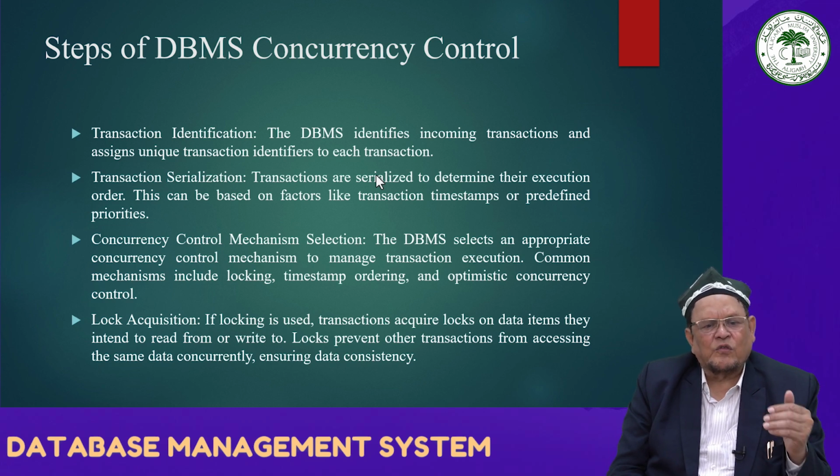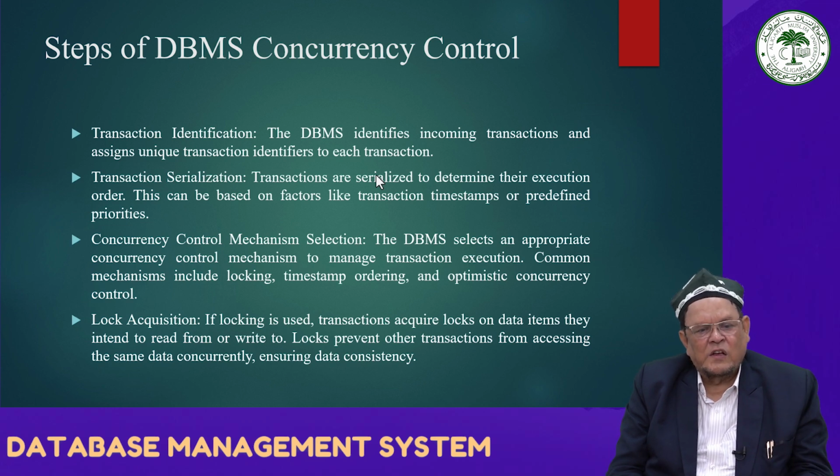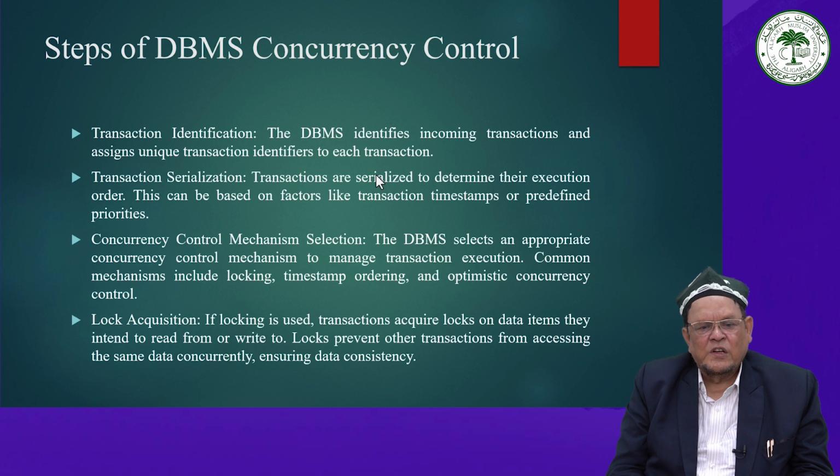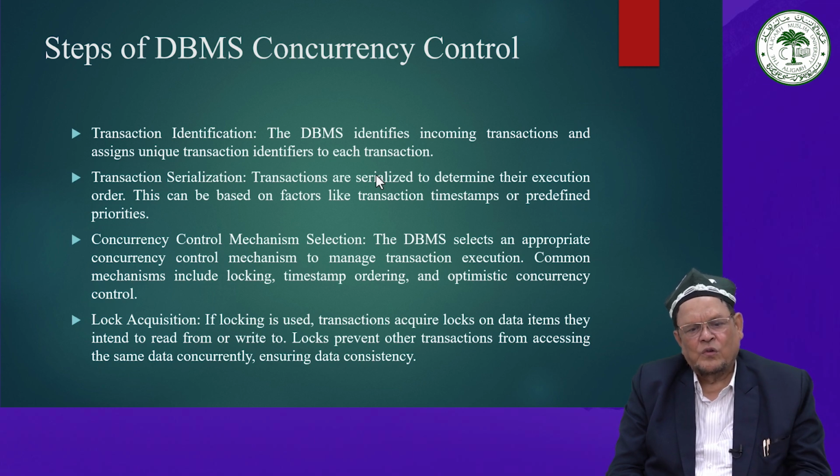Then after concurrency control mechanism selection, there is lock acquisition. If locking is used, transactions acquire locks on the data items they intend to read from or write to.